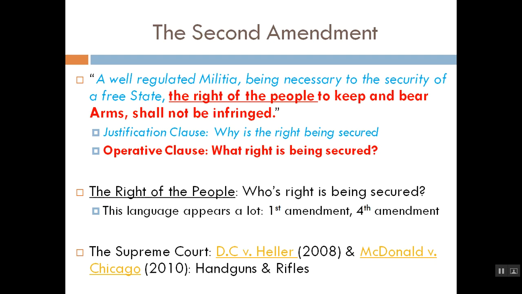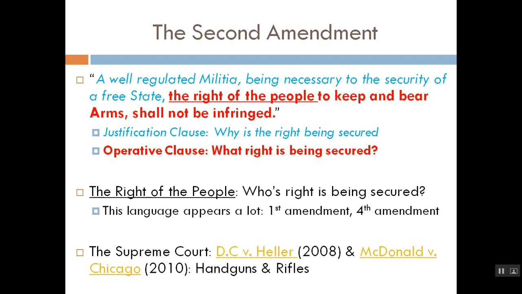So the justification clause is that opening salvo. It is a well-regulated militia being necessary to the security of a free state. All of that language taken together constitutes what we call the justification clause. The remainder of this amendment, the right of the people to keep and bear arms shall not be infringed, is what we refer to as the operative clause.